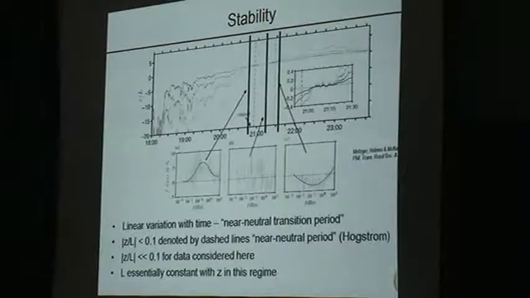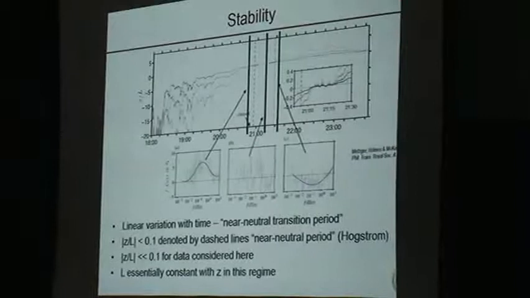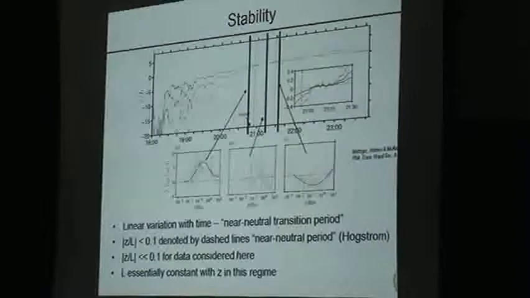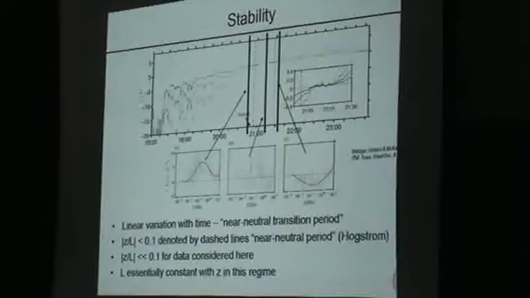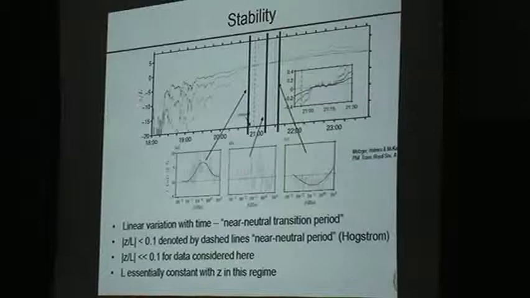Okay, stability. This is the answer to your question. What I'm showing you here is the magnitude of the ratio of the distance from the wall to the Monin-Obukhov length versus time on one day that we took data out at this site. And there are 4 lines, and these are sonic anemometers mounted at different heights from the wall.